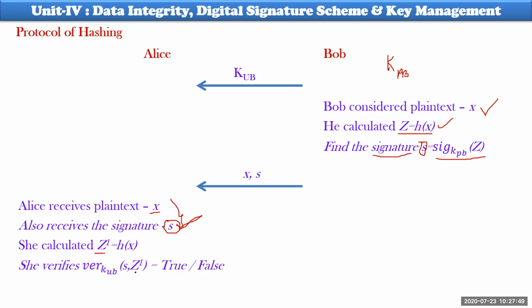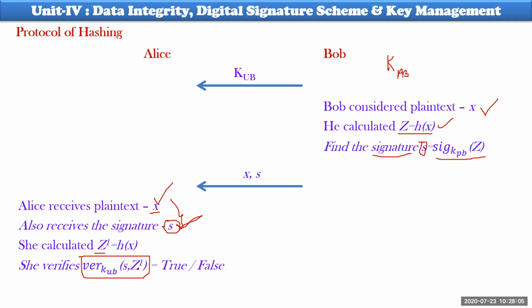This verification is done by the public key of Bob. If S and Z prime are the same, then whatever plain text you have received is genuine.